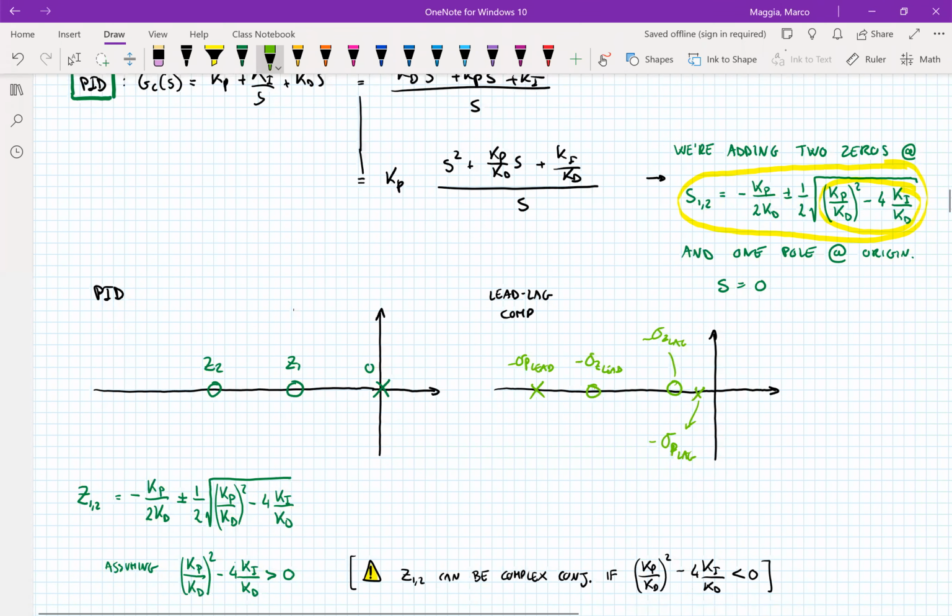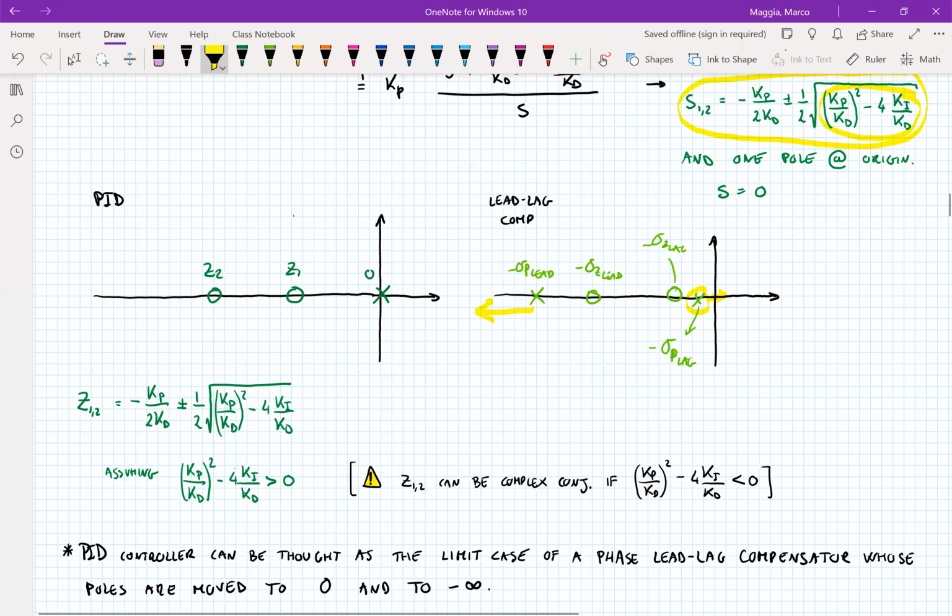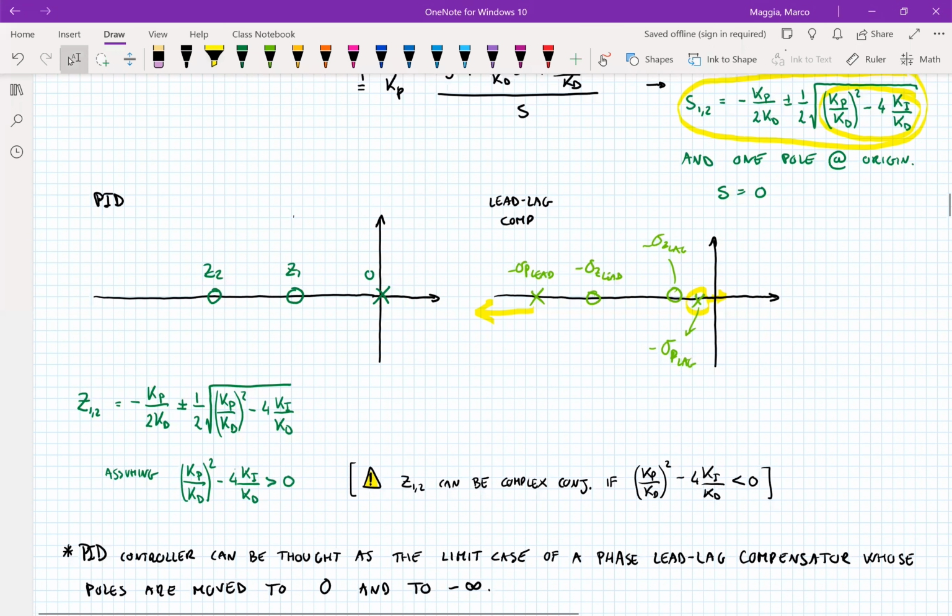So once again, you can draw the parallel between the PID controller and the lead lag compensator by thinking about dragging one of the poles, the lead pole, to minus infinity and the lag pole to the origin. Once again, this comparison is valid only if Z1 and Z2 are real numbers. But in general, Z1 and Z2 can be complex conjugate, and that happens if the argument of the square root is negative.